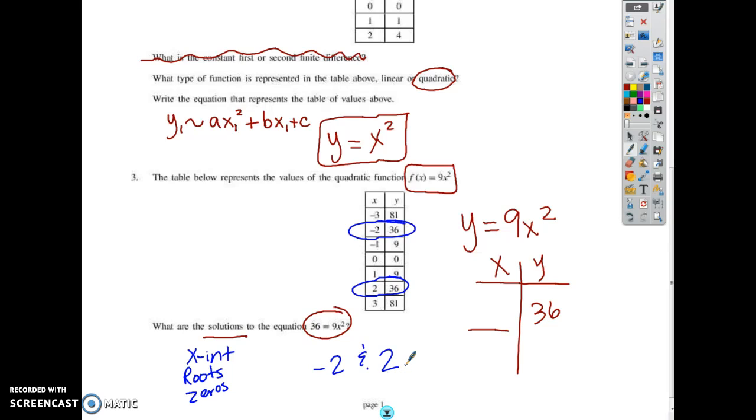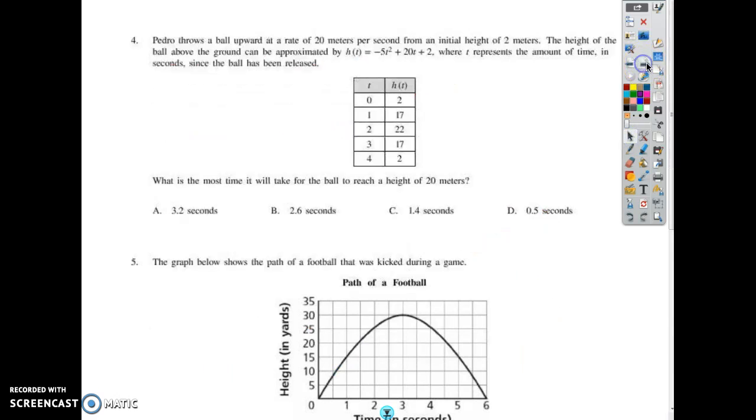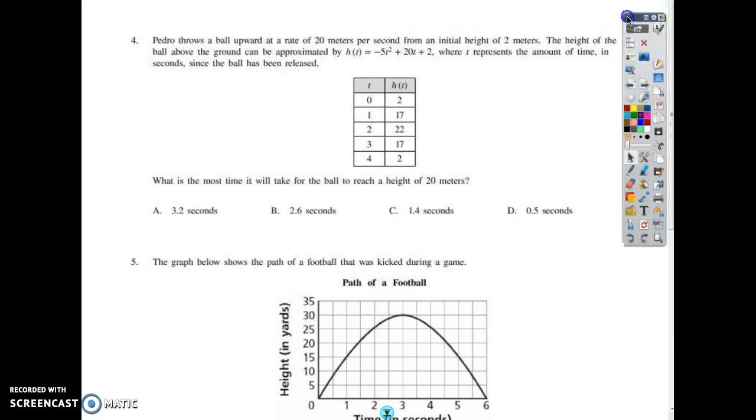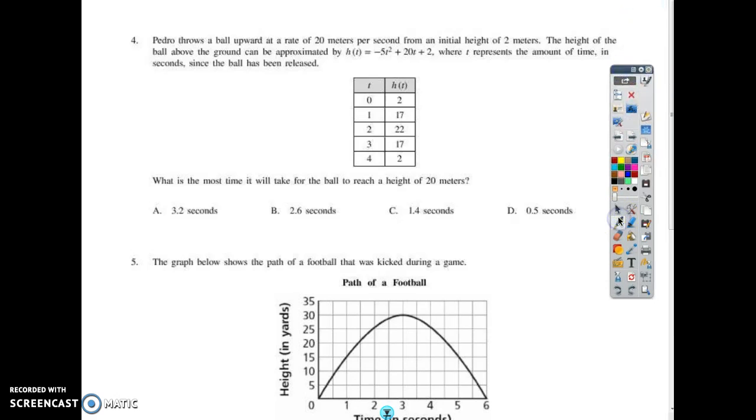Any questions? Okay, turn the page. Problem number 4. For problem number 4, they gave you the equation as well. You don't have to go look for it. That's y equals negative 5x squared plus 20x plus 2.